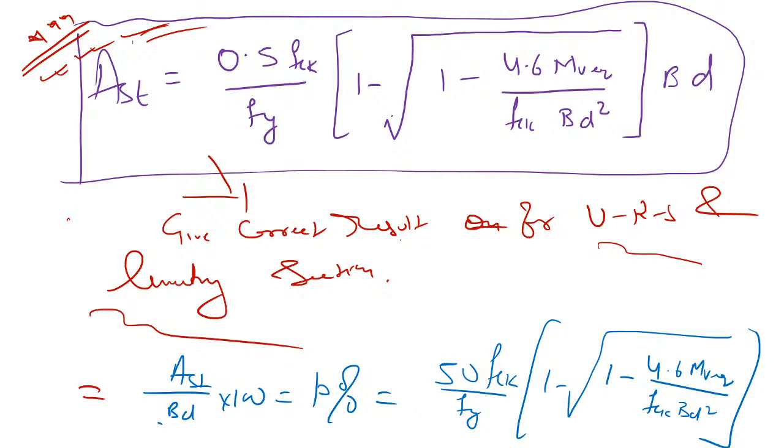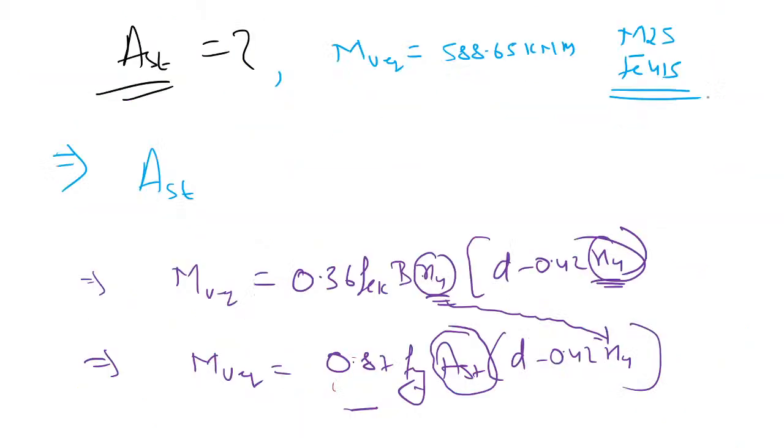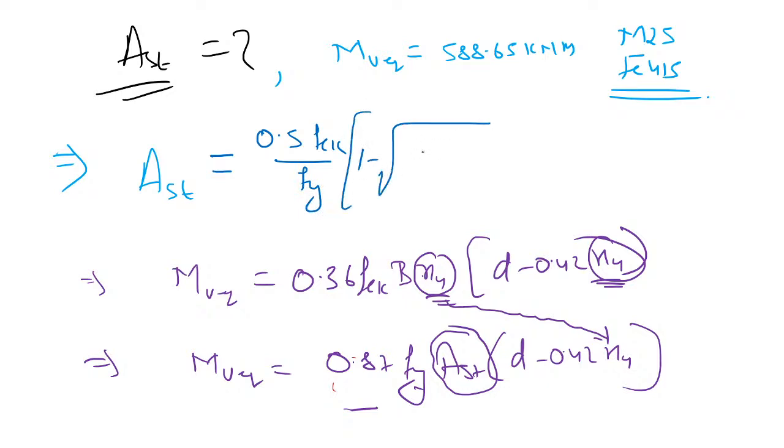Okay. So where were we? AST. So now guys, you can directly calculate your AST. It is 0.5 FCK upon Fy bracket 1 minus under root 1 minus 4.6 mu equivalent upon FCK BD square into B into D. This is the expression.